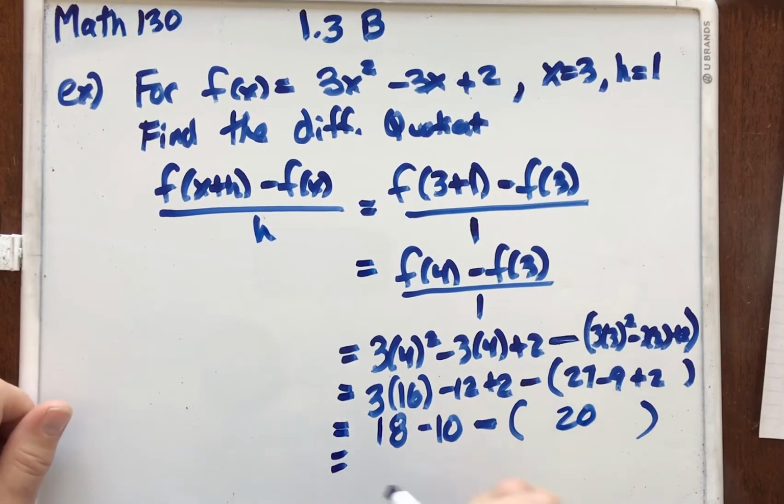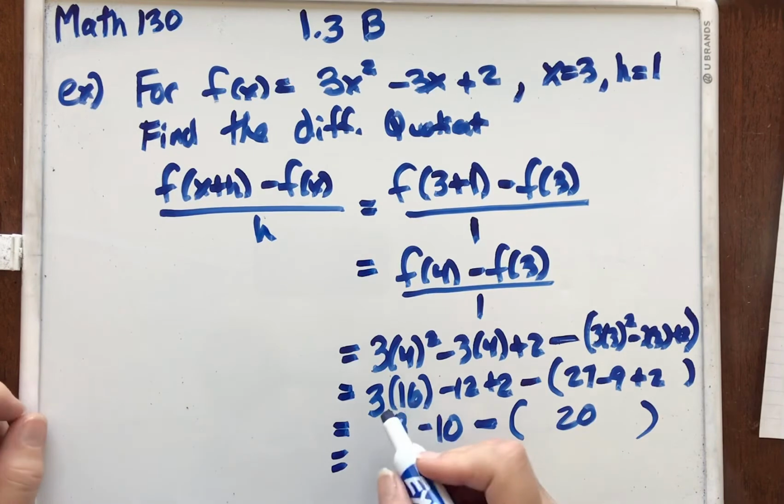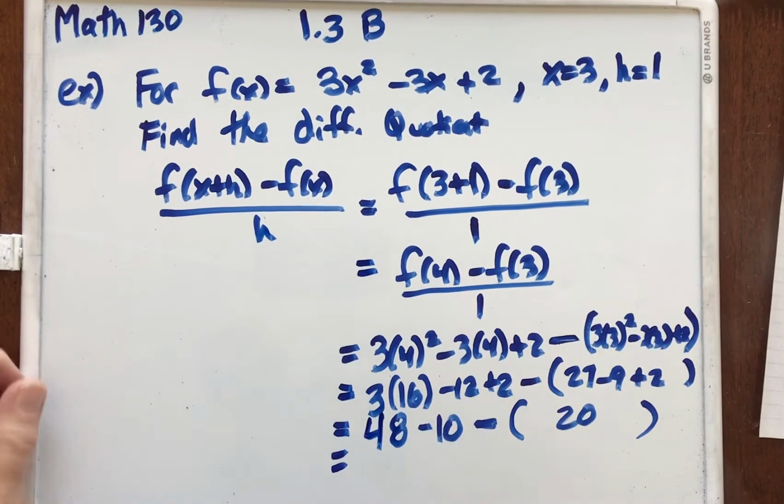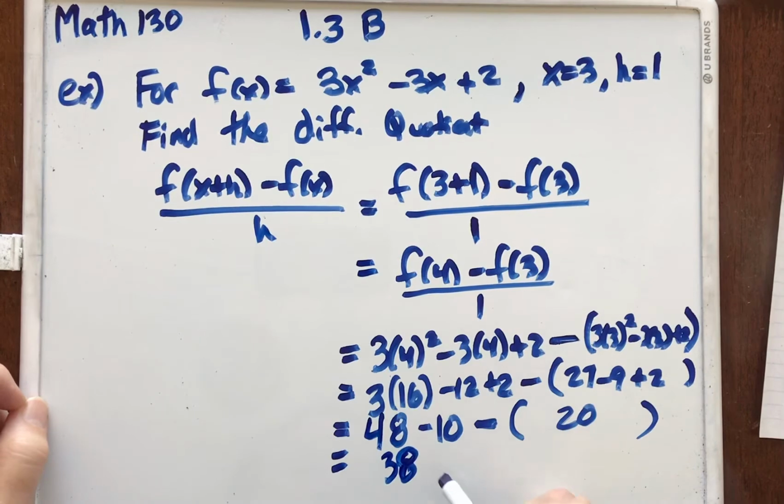Oops, I made a mistake. 3 times 16 isn't 18. 3 times 6 is 18. 3 times 16 is 48. Thank you to anyone who's going, no, that's 48. Okay, so 48 minus 10 is 38, minus 20 equals 18. There's our 18.